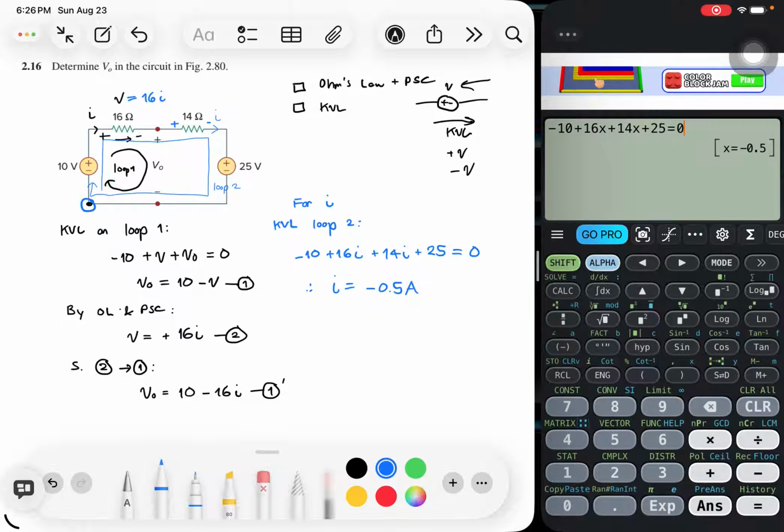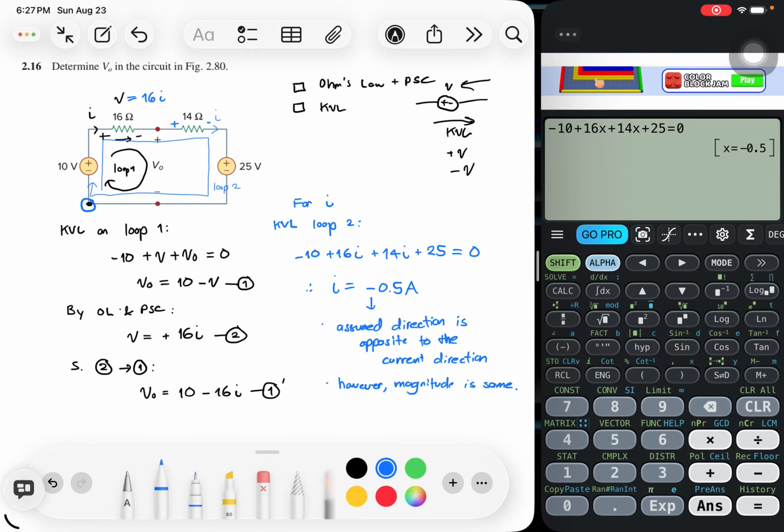So the negative sign means that our assumed direction is opposite to the actual current direction, but the magnitude is the same.